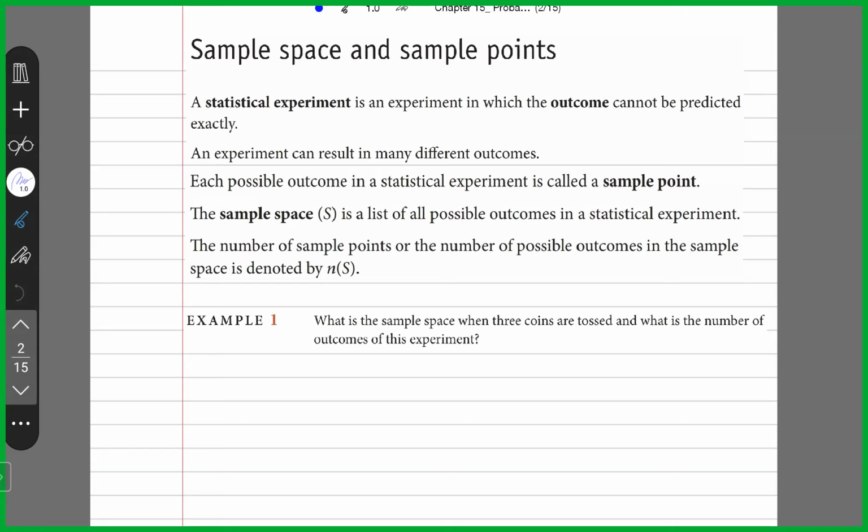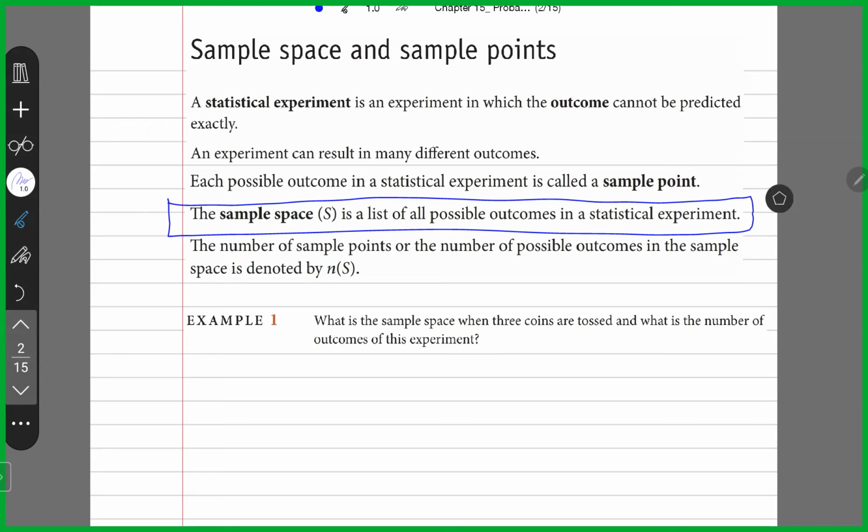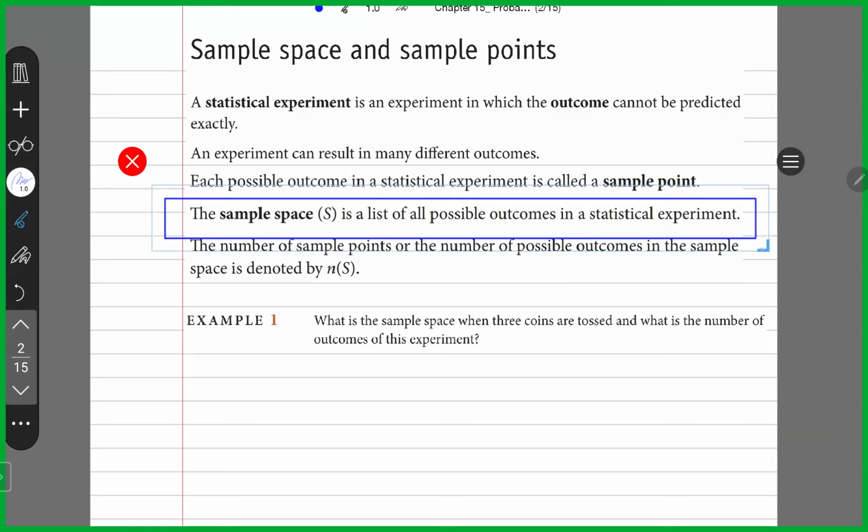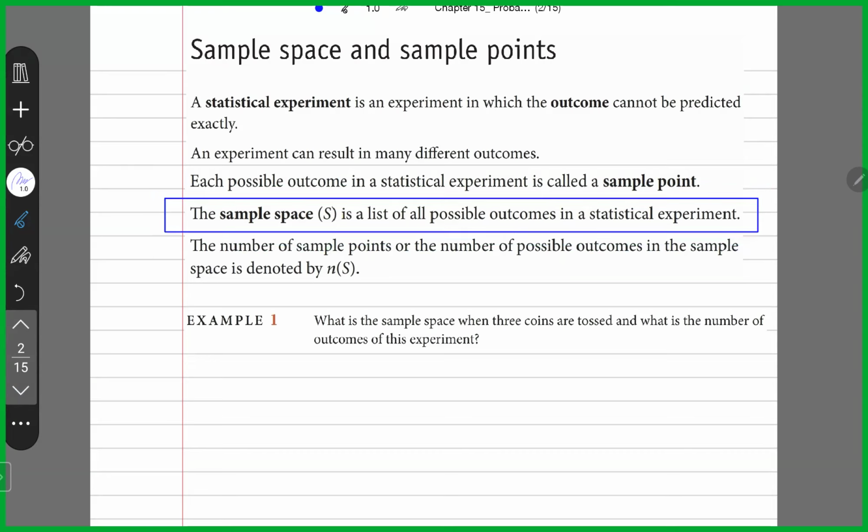A sample space is a list, and this is important. A sample space is a list of all possible outcomes in a statistical experiment. So let's just highlight this a little. All right, so the sample space S is a list of all possible outcomes in a statistical experiment.